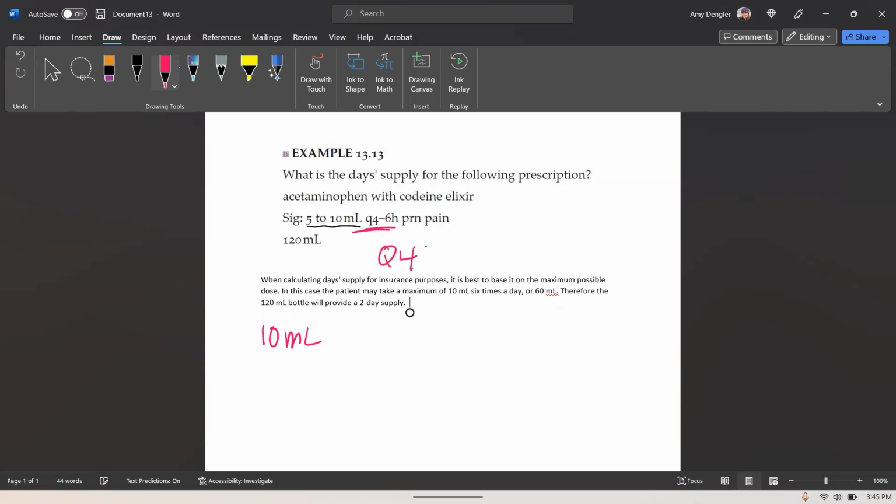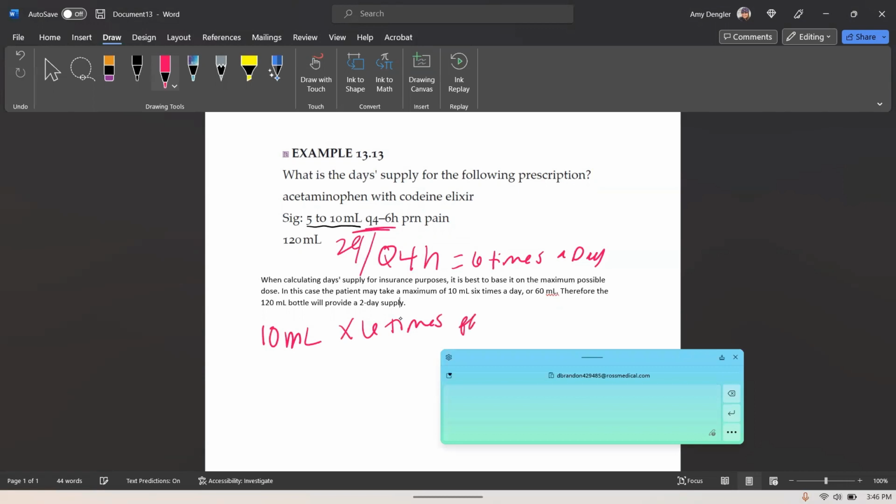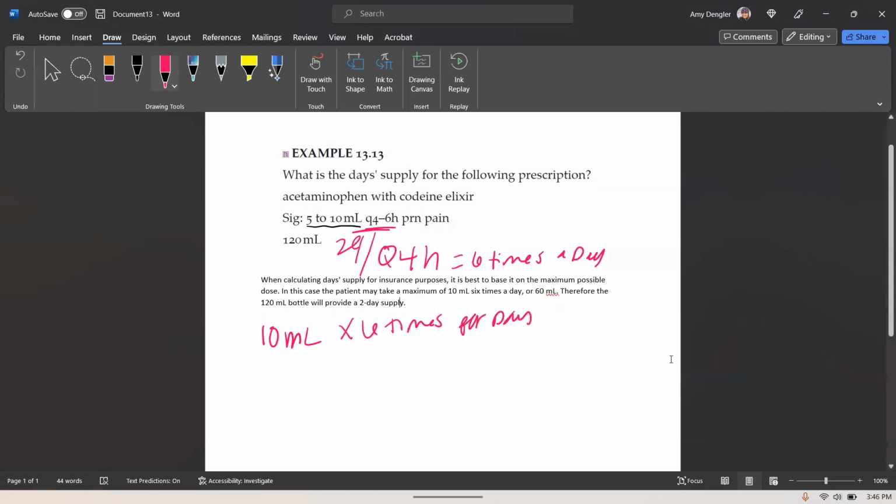So if it's every 4 hours, we divide 24 by the Q4H. So 24 divided by 4 means they're taking it 6 times a day. So 10 ml times 6 times per day, that means 10 times 6 is 60.